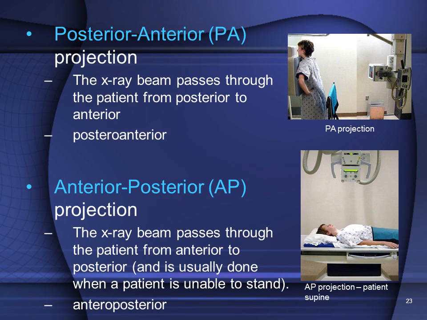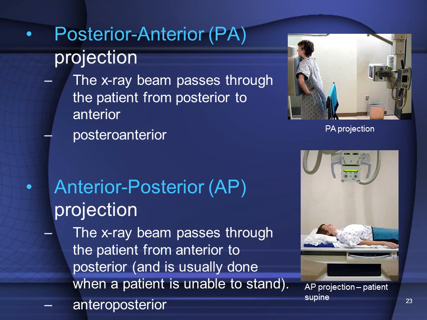So here we have examples of a chest x-ray in both the PA and the AP technique or projection. So in the PA, the emitter is located on the posterior side of the patient, and the x-ray beams pass through from posterior to anterior where the digital cassette is found.